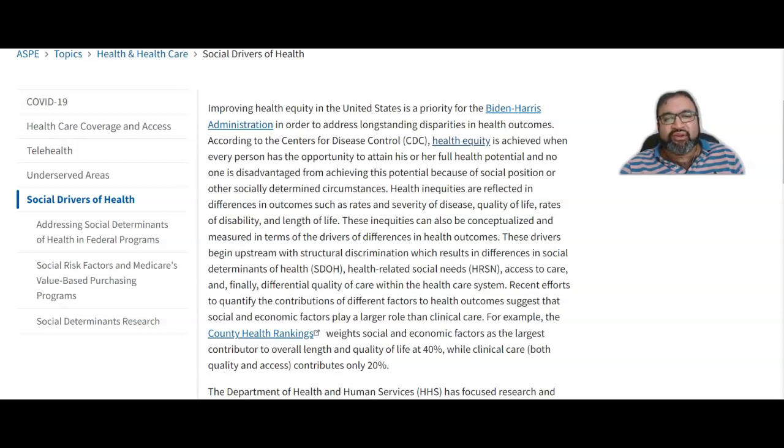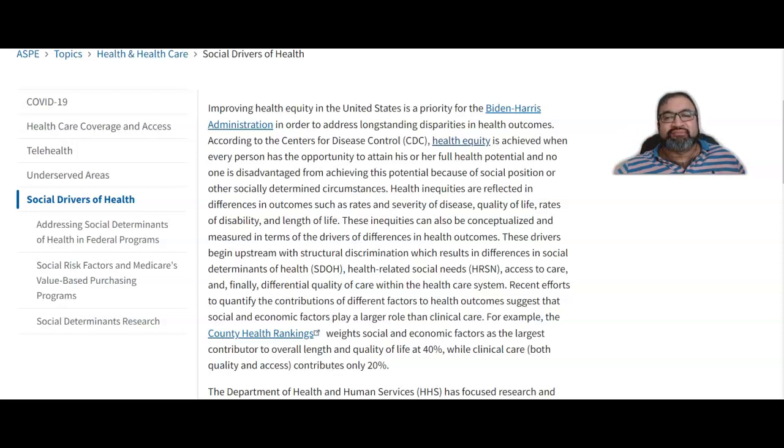So let me also include the county health rankings. County health rankings, it's important to understand, don't put as much emphasis on clinical care. The emphasis is placed more on access to care, health-related social needs, and social determinants of health.